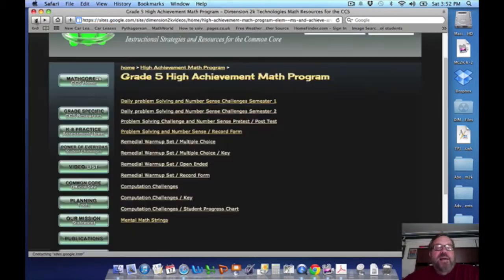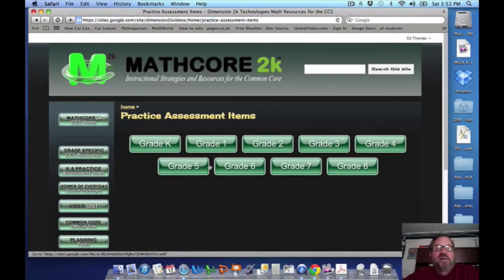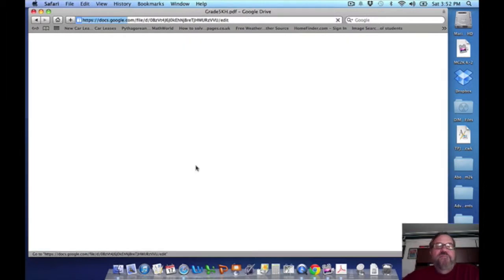I'm going to hit the back arrow button. And I want to show you the button marked K8 Practice. Now, these practice assessment items are additional, so that as you get near the end of the year and it's time for end of year testing, if I'm a 5th grade teacher, I can click on grade 5.